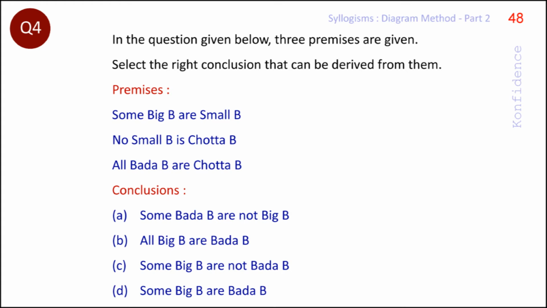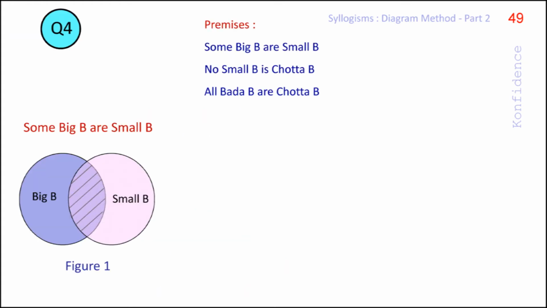Let us begin by drawing the individual premise diagrams. The individual premise diagrams are given in the slide. Figure 1 represents the first premise, some big B are small b. The most important thing in this diagram is that there should be an overlap between big B and small b.